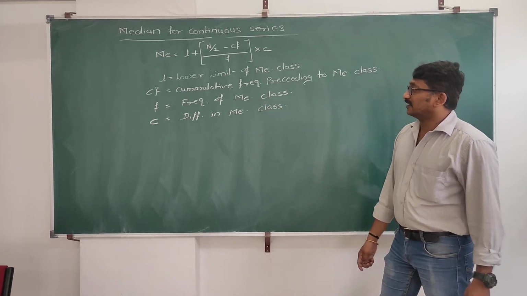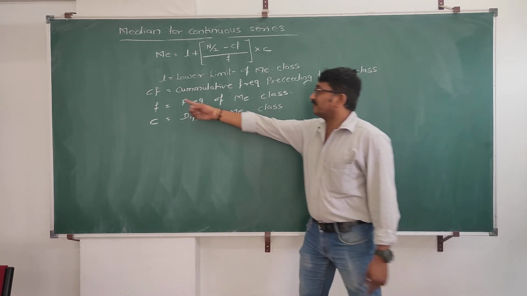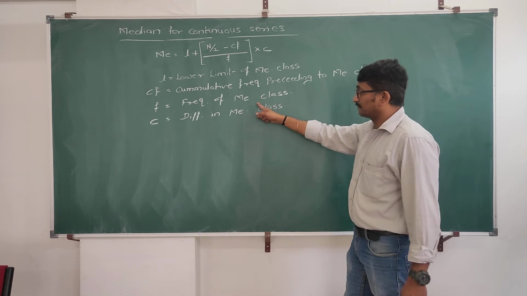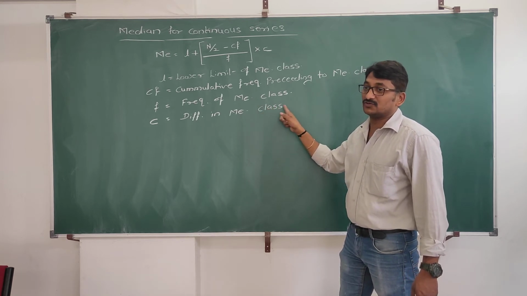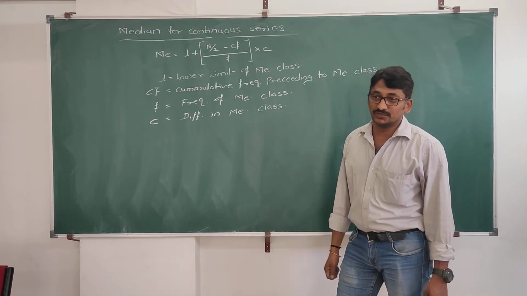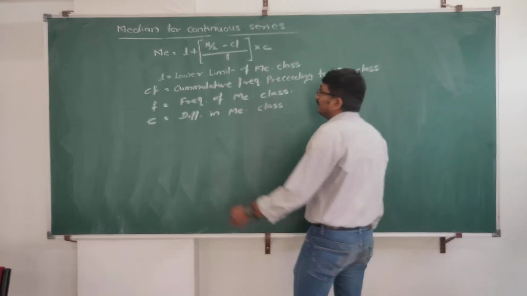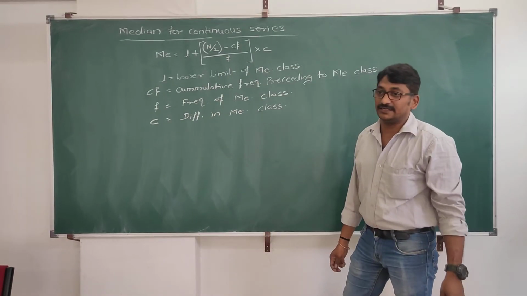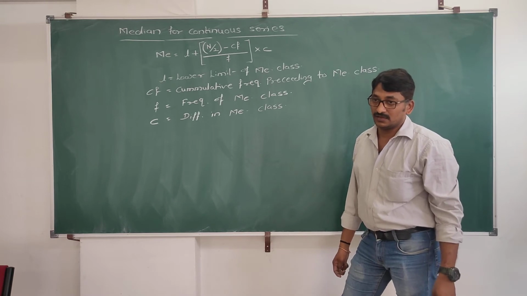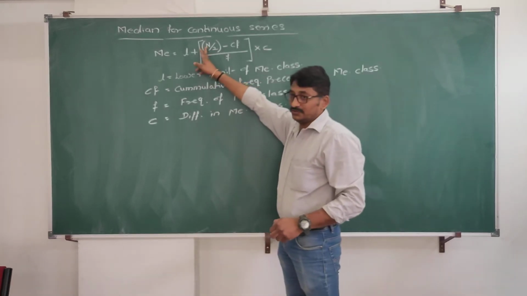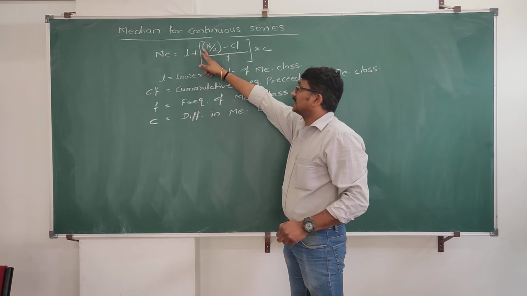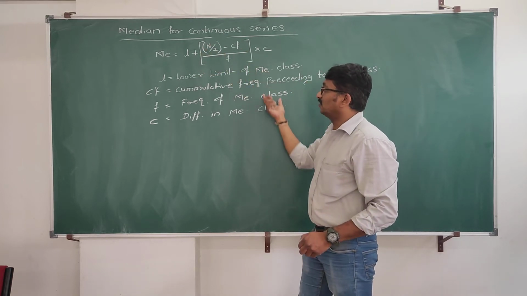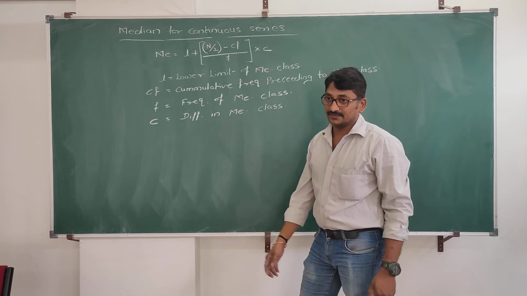Now here important thing is, in all these four notations, median class is very common. See, everywhere I have written median class. So how to calculate median class is most important. To calculate median class, we have to make use of this part, that is n upon 2. By using this n upon 2, you can easily find out median class, and rest all the values will come to know very easily. Okay.